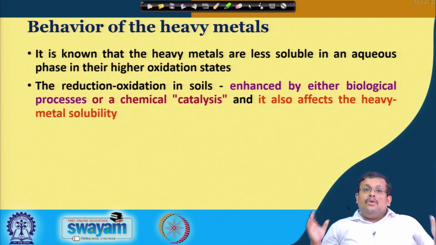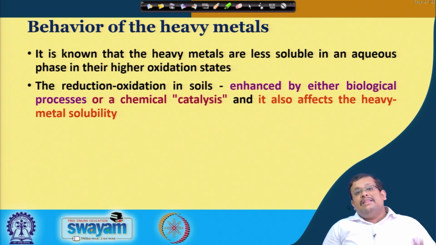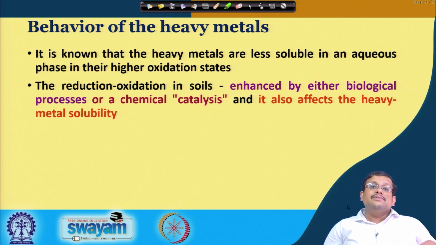So, when the redox reactions in the soil are biologically mediated, or when biological or chemical catalysis is used to enhance the redox process, it affects the heavy metal solubility by changing the oxidation status.